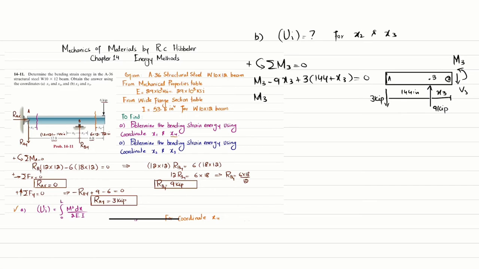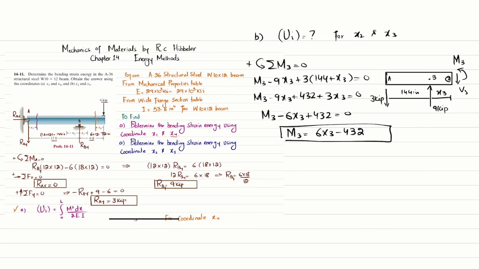So M3 minus 9x3 plus 3 into 144, which is 432, plus 3x3 is equal to 0. So M3 minus 6x3 plus 432 is equal to 0. So from here, M3 will be equal to 6x3 minus 432.